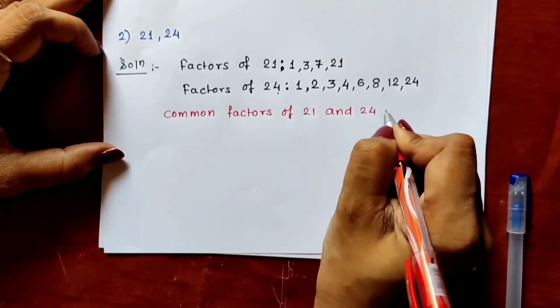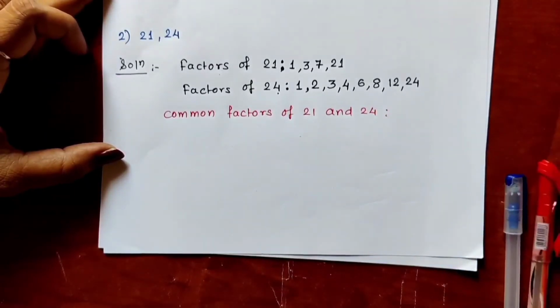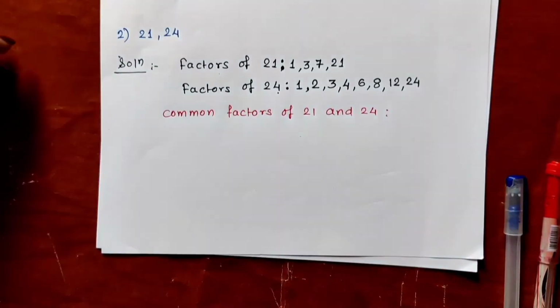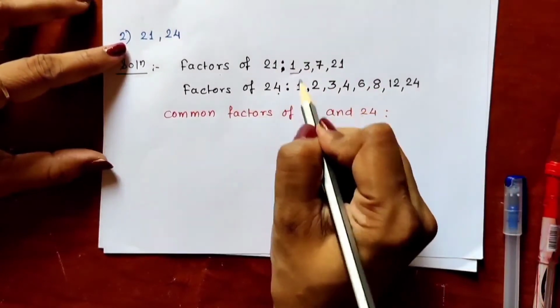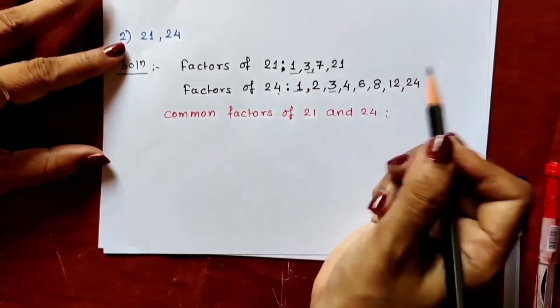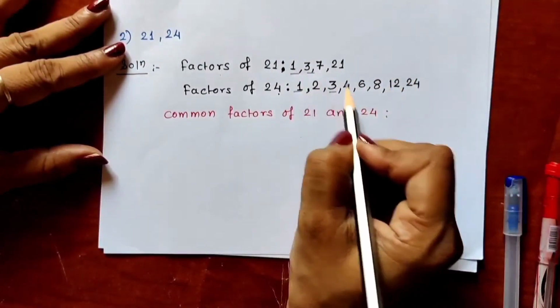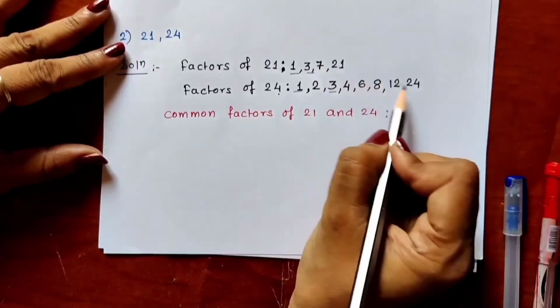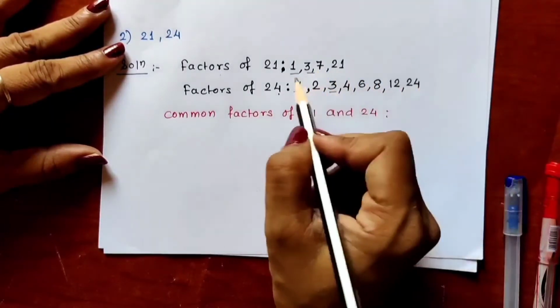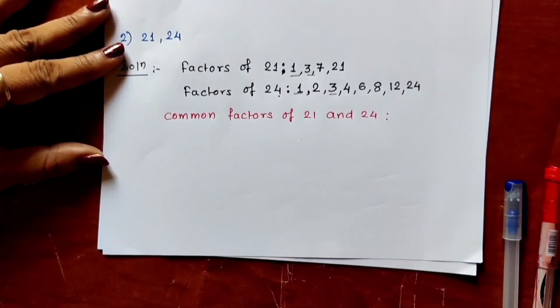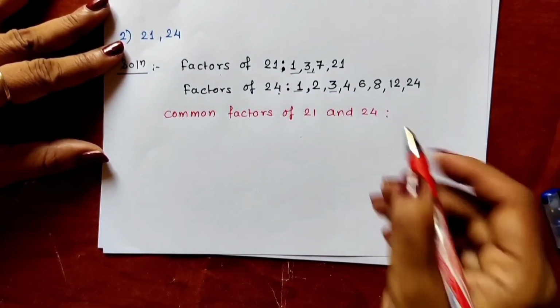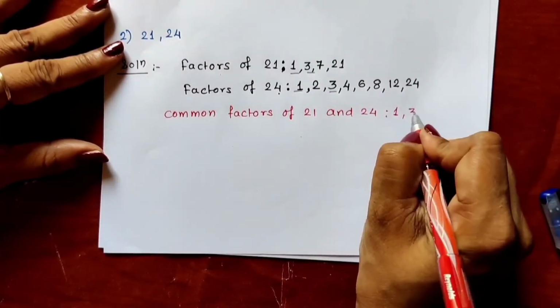So just underline the common factors. 1 is the common, 3 is the common. After 1 and 3, which number we can see the common number in both these factors? No number is common. So the common factors are 1 and 3 only.